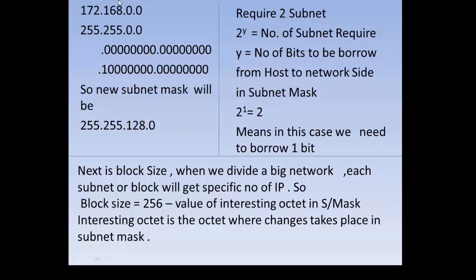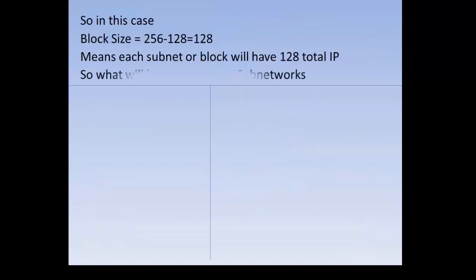Or the second method that I explained in my last video: the last bit borrowed is this one, so from here also you can take the block size, the last bit value is 128. Here I am borrowing 1 bit, so first and last are the same, but when we go for more examples I will explain this more. In this case the block size will be 128.